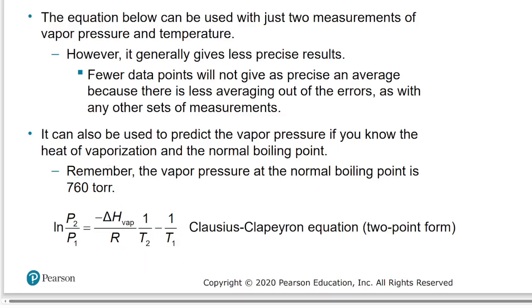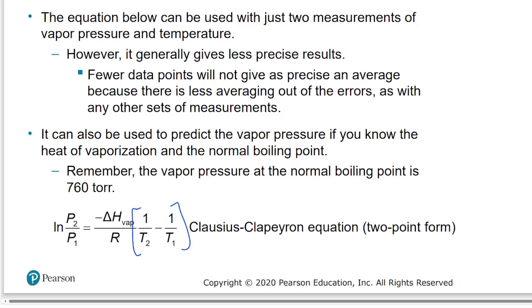So the 2-point form is ln of P2 over P1 equals negative delta H of vaporization over R times the quantity 1 over T2 minus 1 over T1. And I actually need brackets here.